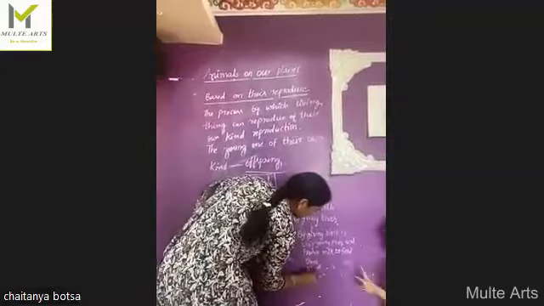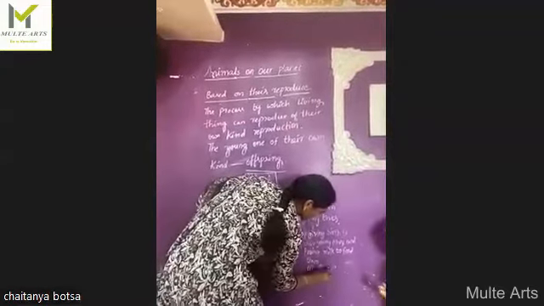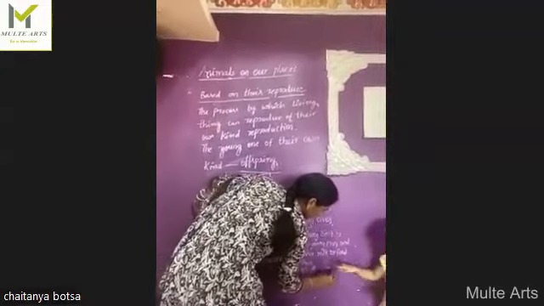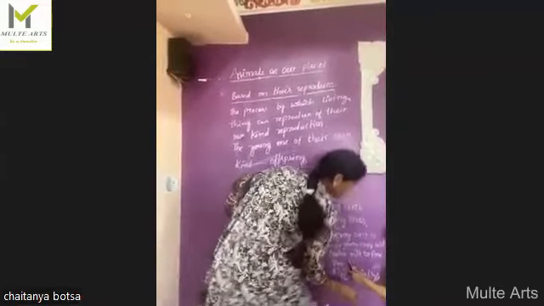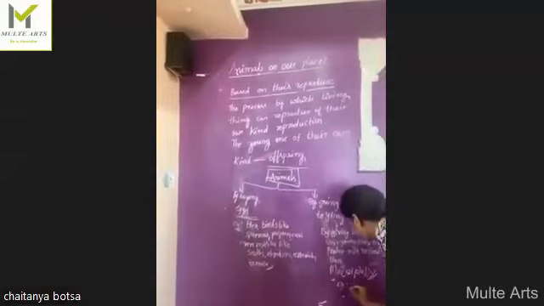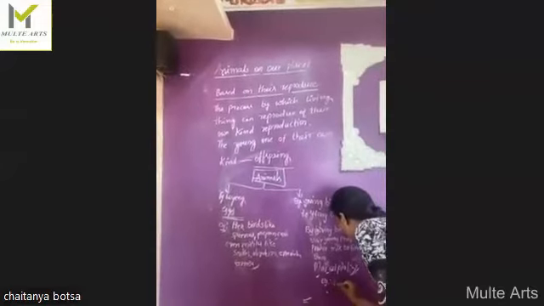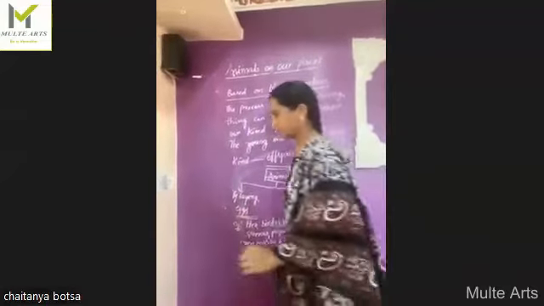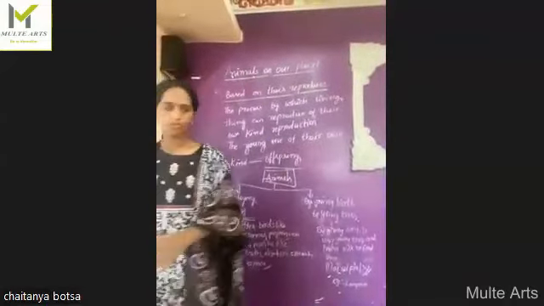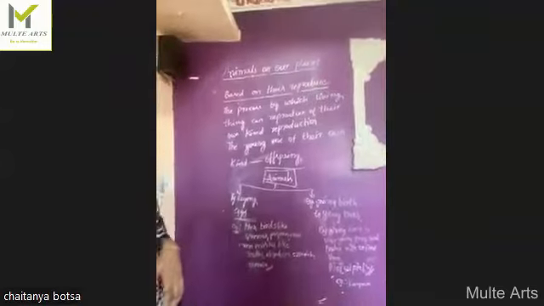So those type of animals we call marsupials, for example kangaroos.